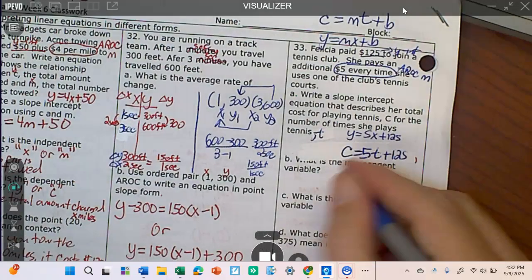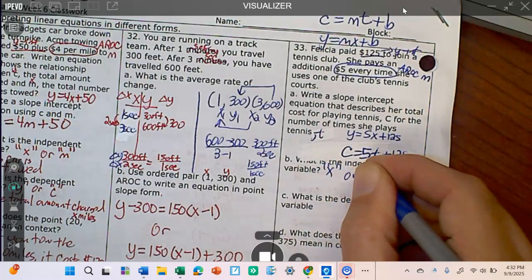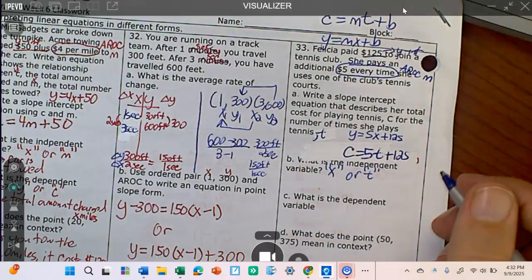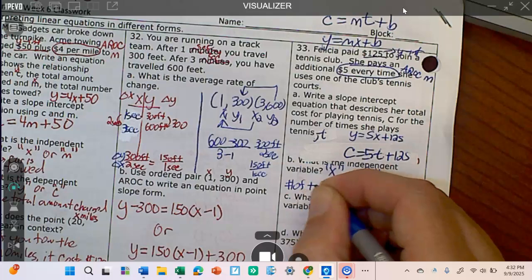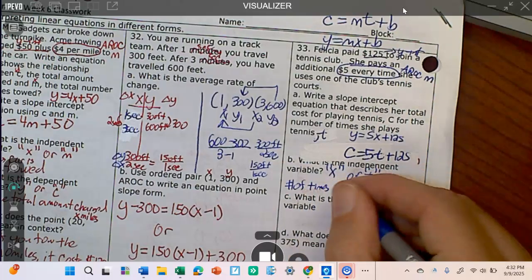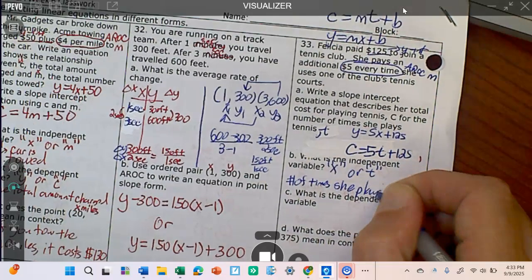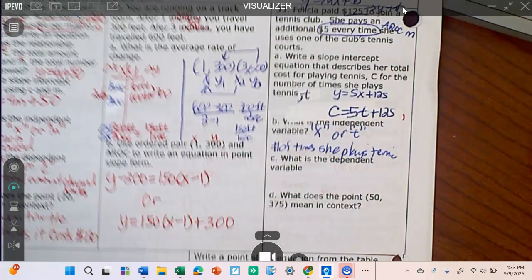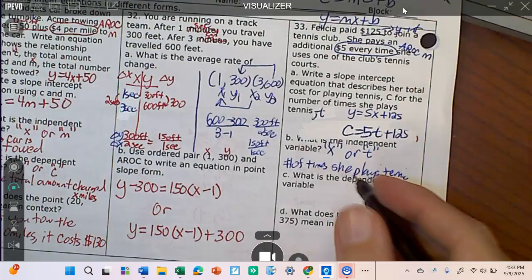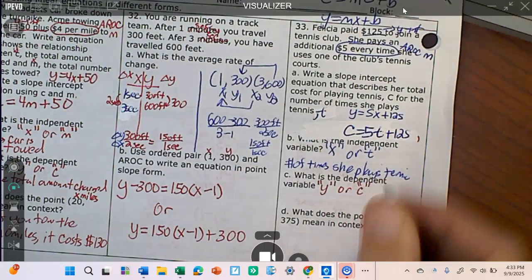Okay, the independent variable is x or t, and t stands for the number of times she plays tennis. Okay, what is the dependent variable? Y or C in this case?